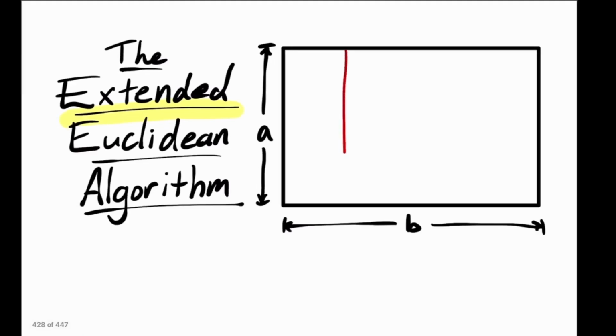I always think of this as removing some number of squares from this rectangle, and so what I get here is b mod a. Right, and the recursive part of this algorithm is to replace the big rectangle with this smaller rectangle, and then we repeat that process.